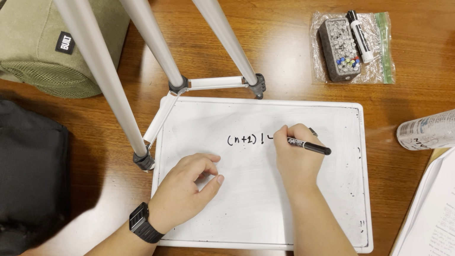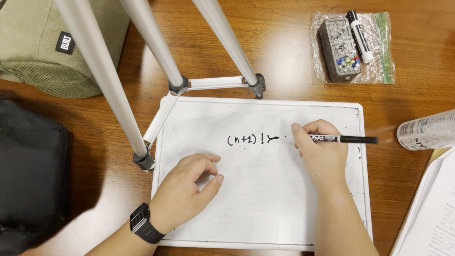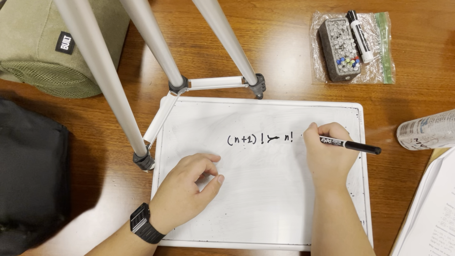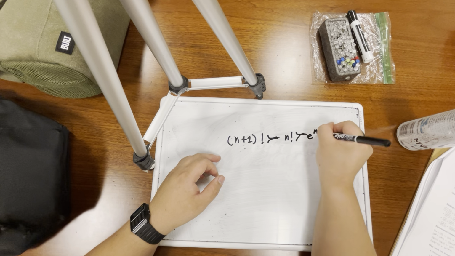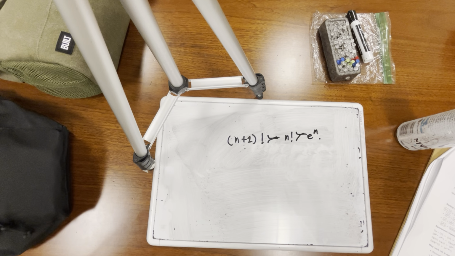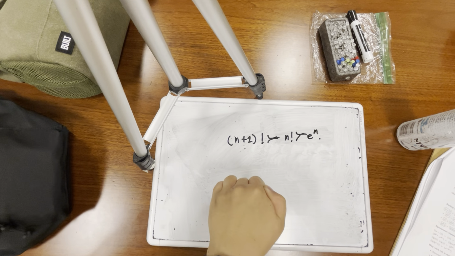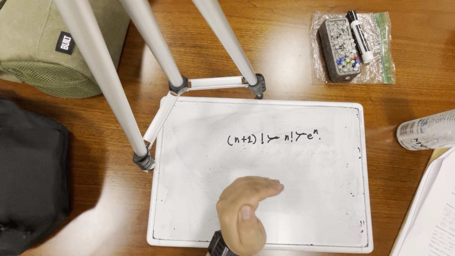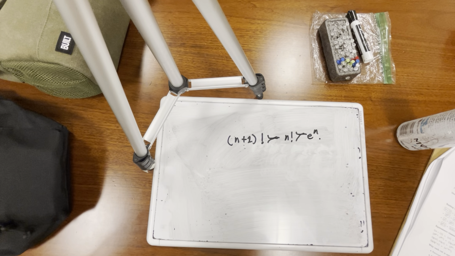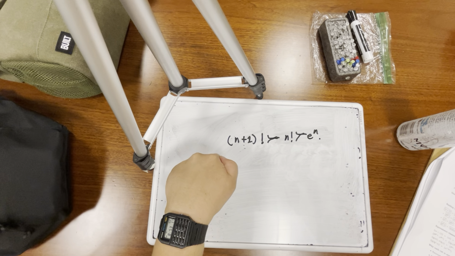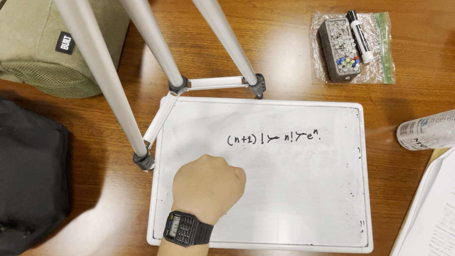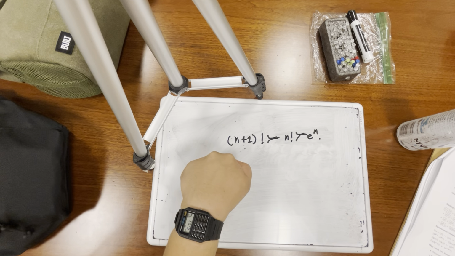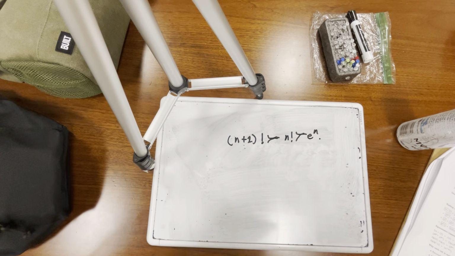I'm going to use this symbol here, which is basically to say, just from largest to smallest going here. Talking about factorials versus exponents. We're not really given n to the n in this case, right? This is the case of factorials versus exponentials.